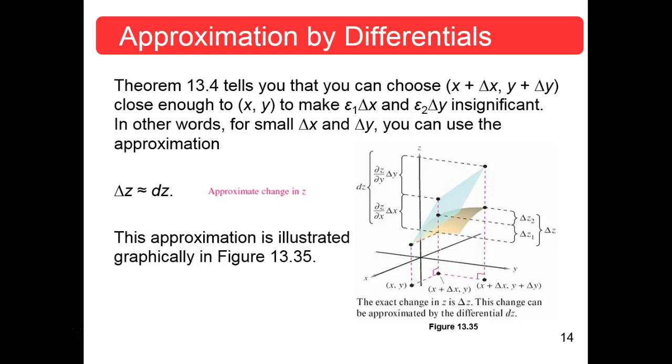And then this part here is when you're just changing the y value, you go from here to there, so that's your partial z with respect to y delta y. That's that distance. This one's this distance, and then those two added together gives you dz. That's your differential in z. That's the actual change in z.